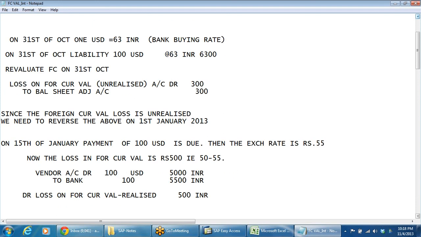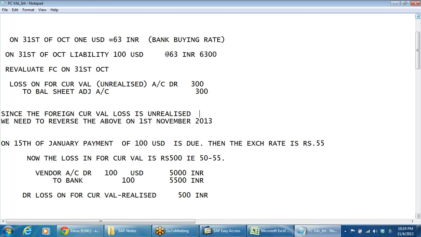Since the foreign currency loss is unrealized, we need to reverse the above entry on 1st of November. On 1st of November 2013, exactly the same, because on 31st of October my books of accounts, that is the balance sheet and P&L account, are prepared.